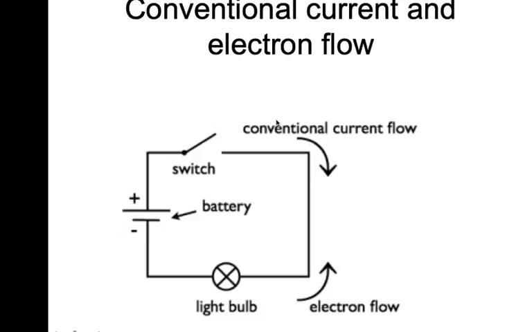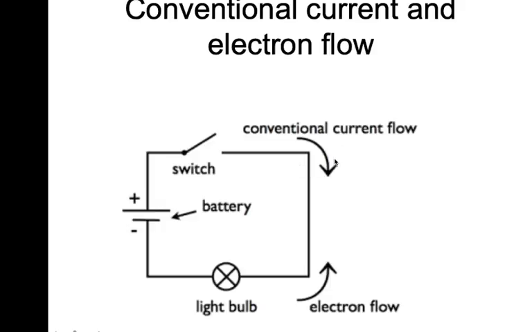So conventional current is where this imaginary positive charge would be directed, right, where it would flow through our circuit, and electron flow is where our actual real electron is flowing. And they will always be opposite because positive will flow away from the positive battery node, and negative will always flow away from the negative.